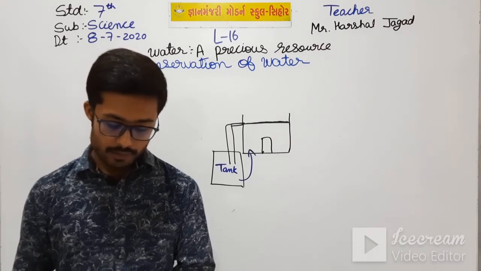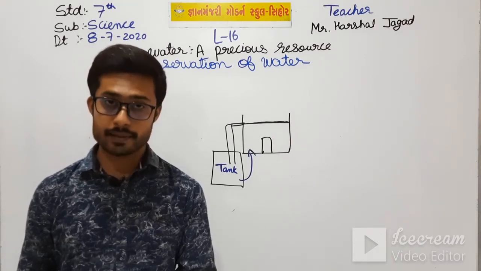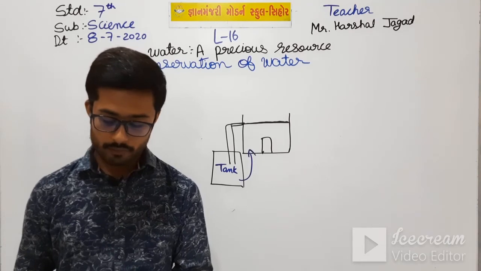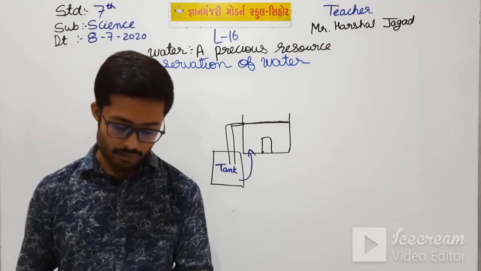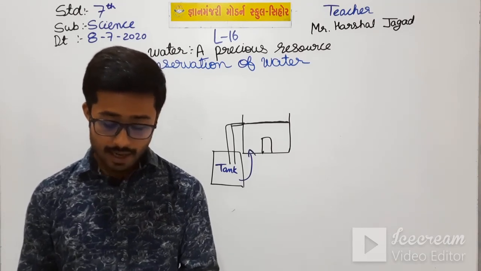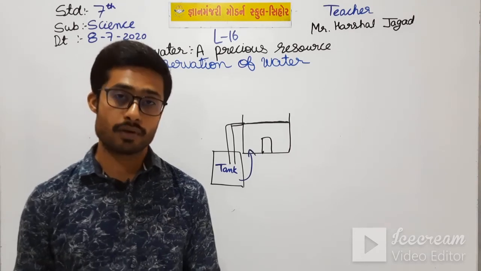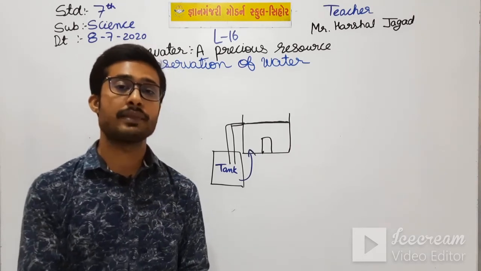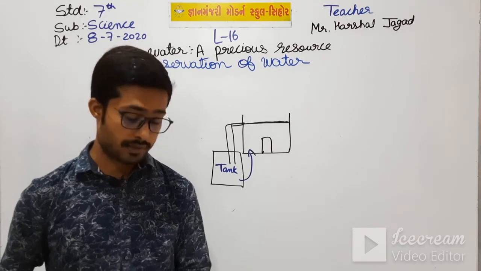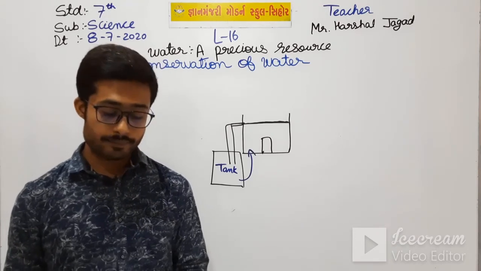Household water can also be recycled for various purposes. For example, water used for cleaning utensils or washing clothes can be used for gardening and cleaning floors. So these are some of the techniques for the conservation of water.